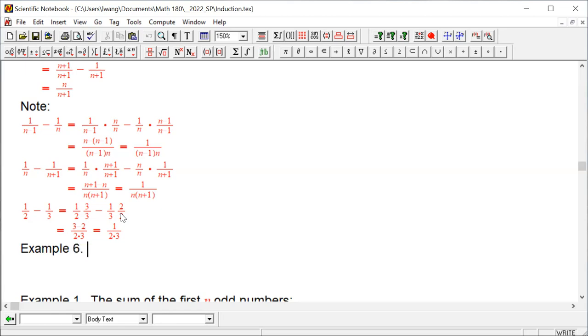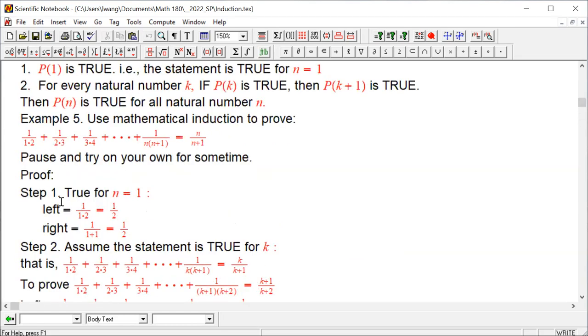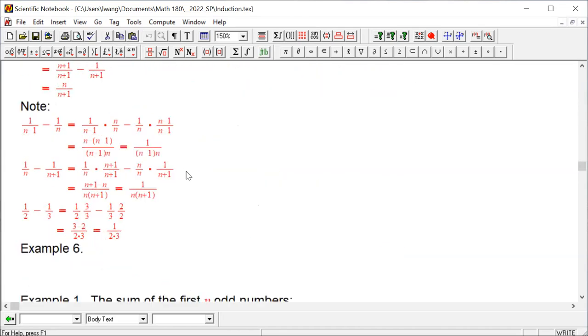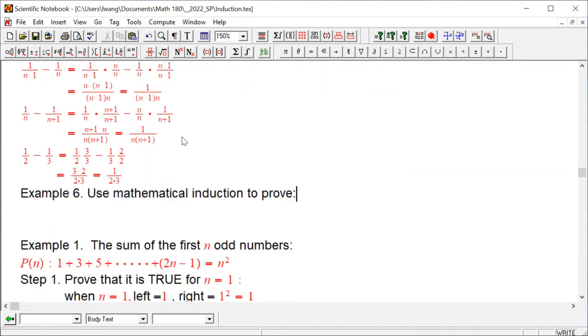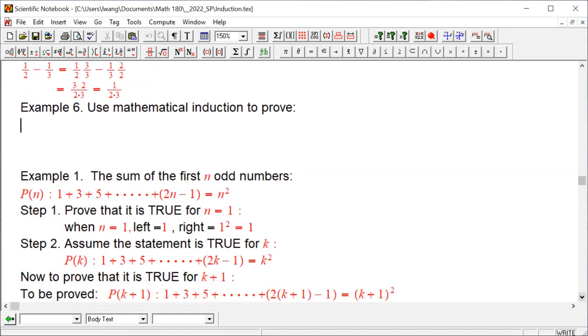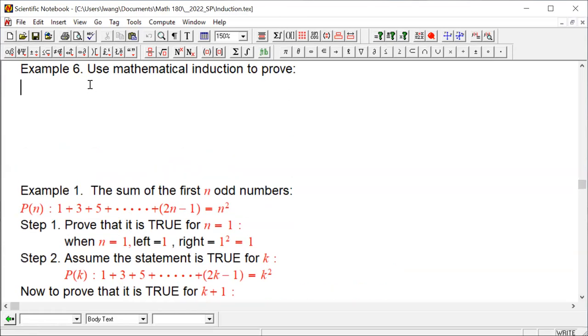Okay, example number 6. This question is to use the induction method. So let me just take a shortcut: use math induction method to prove something. They're all the same wording. What we want to prove here is not the same as what we've seen before.